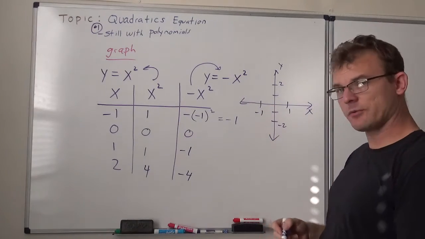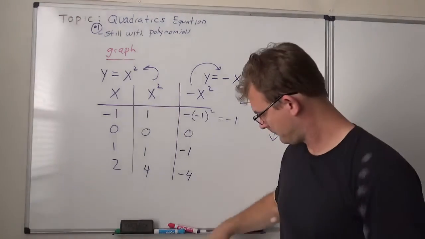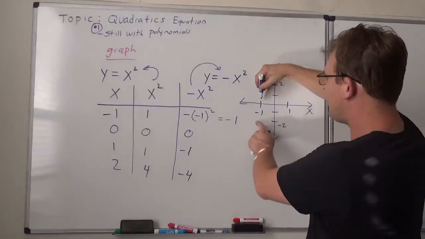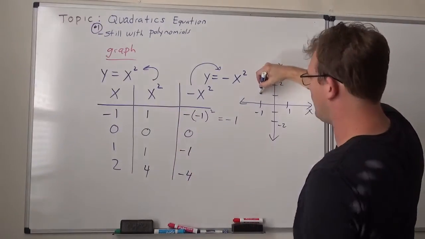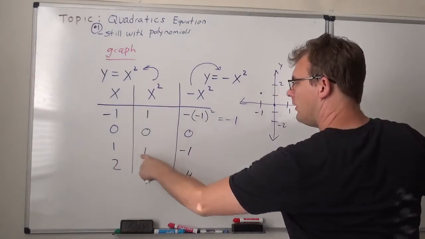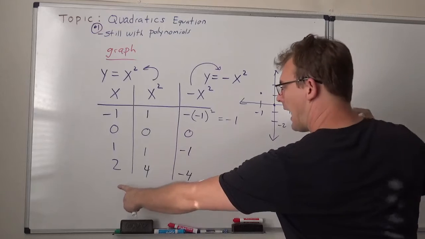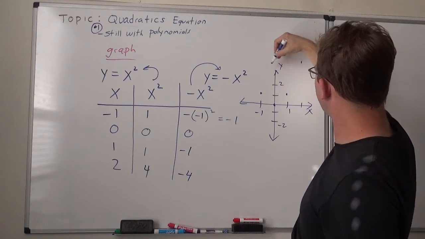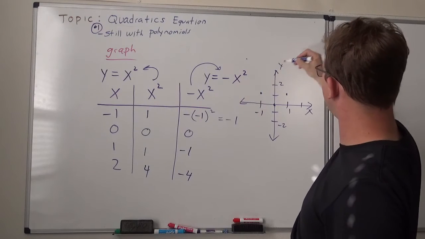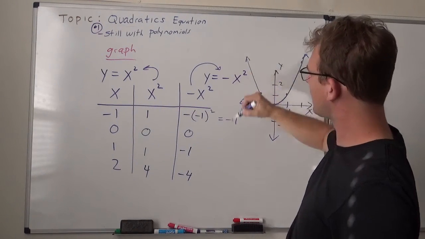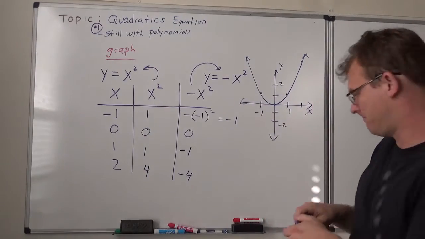Okay, let's do some graphing. At -1, you get 1. At 0, you get 0. At 1, you get 1. At 2, you get 4. And remember, it's symmetric. That's the first one.